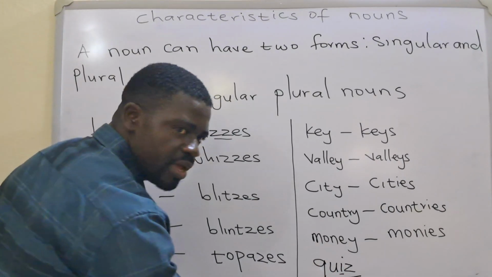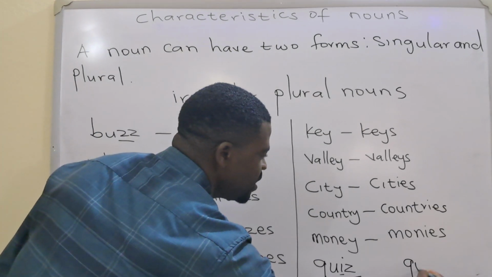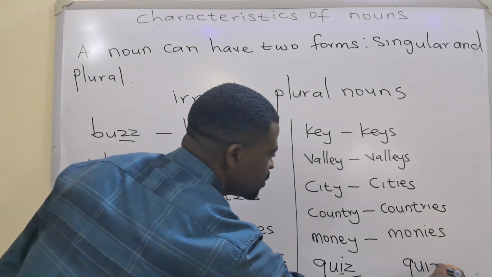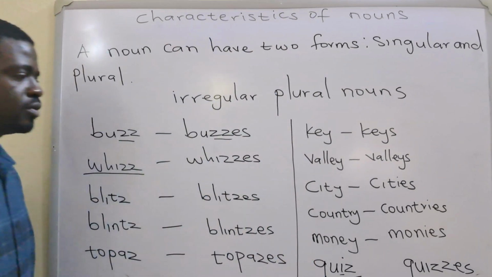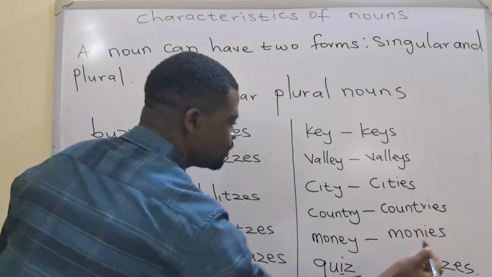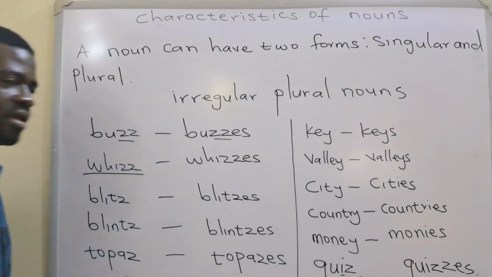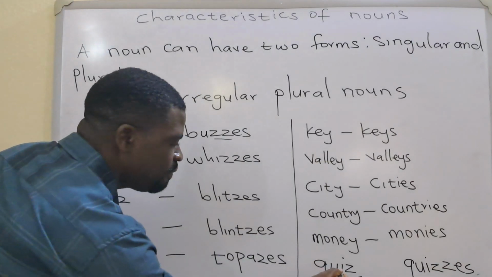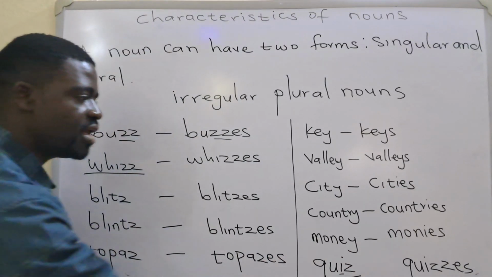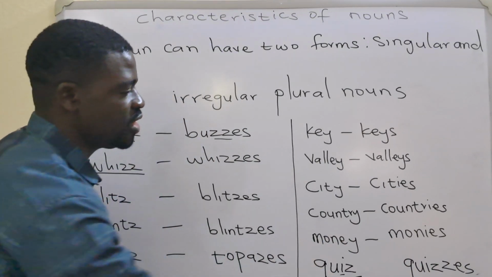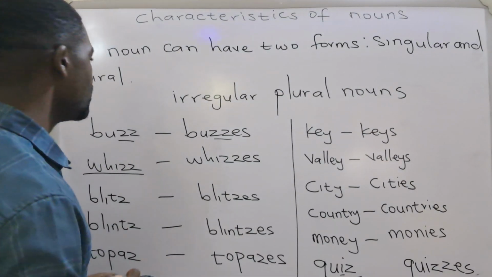Then, if I want to make a plural of this noun, I will add another Z to the last one. Then I will add es to form a plural. So this will be quizzes. Quiz, quizzes. If the letter before the last Z is a vowel letter, then you can add another Z to it plus your es to form the plural of that noun.